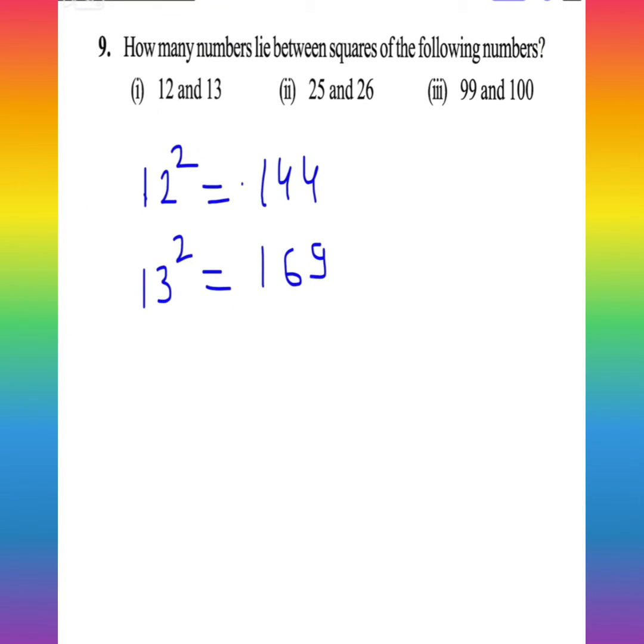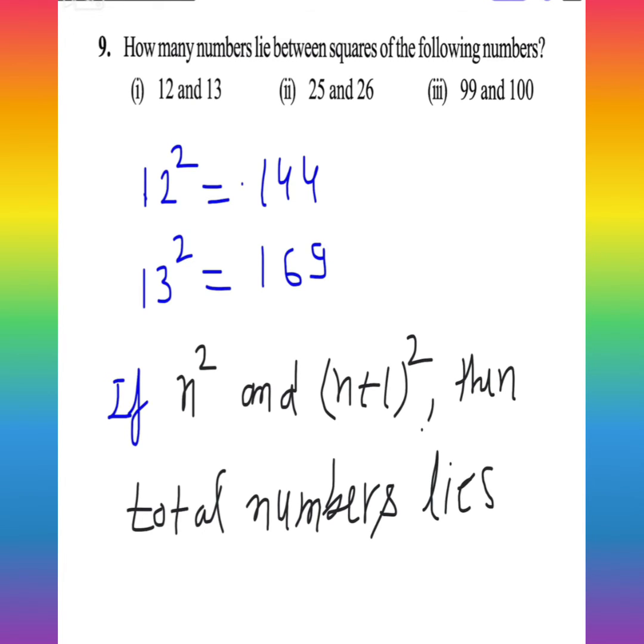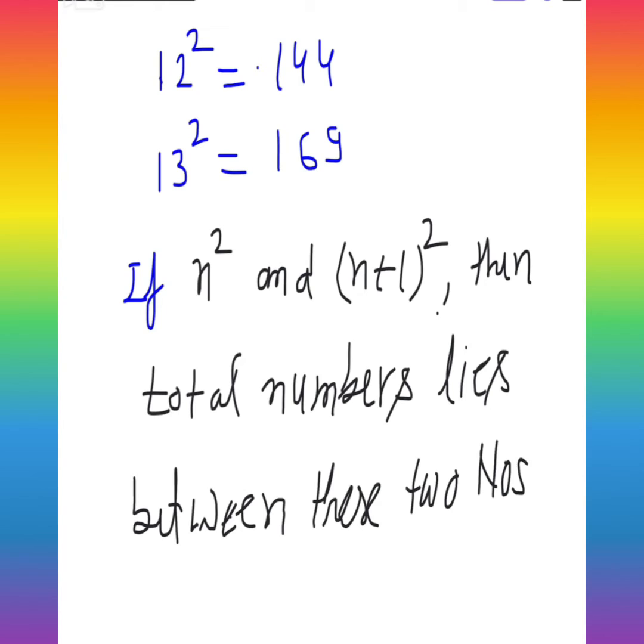If n square and n plus 1 square, meaning any number and the number after it, then the total numbers that lie between these two numbers are 2n.